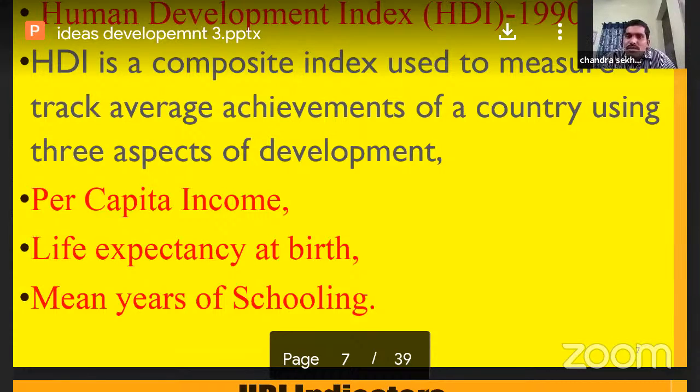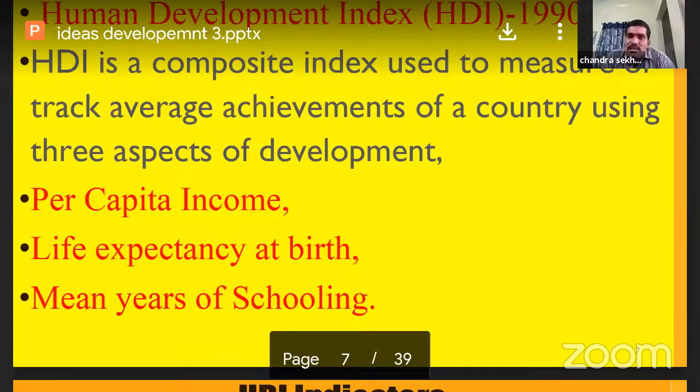But now the Human Development Index is using two more factors or parameters, which give complete information about the social and economic development of individuals of different countries. The second is life expectancy at birth. The third one is mean years of schooling. These three are the important parameters or aspects of development used in the preparation of the Human Development Index.